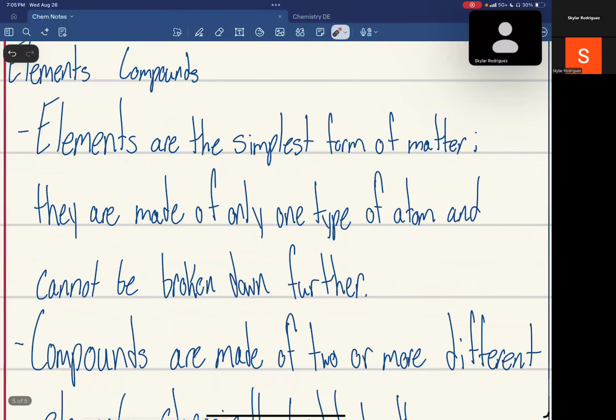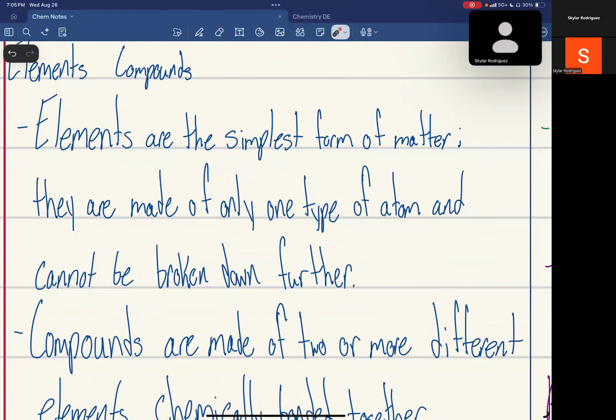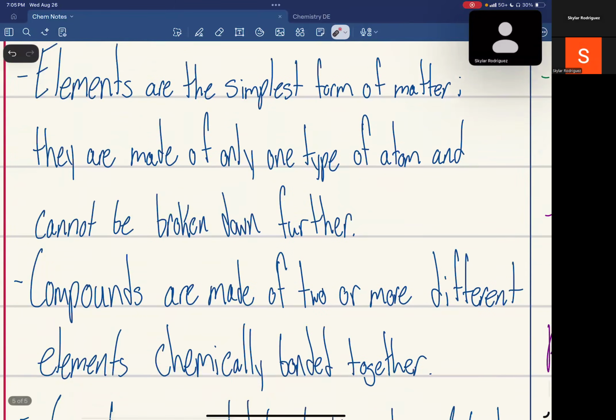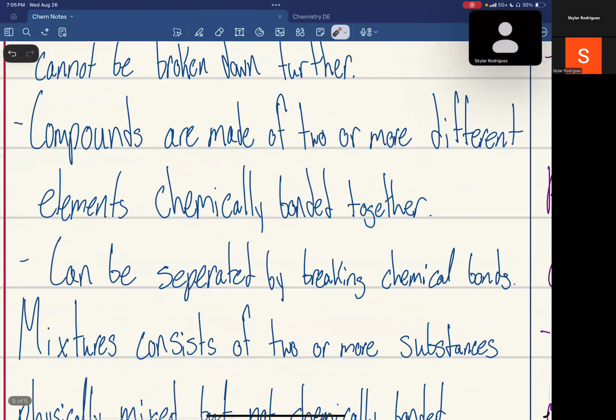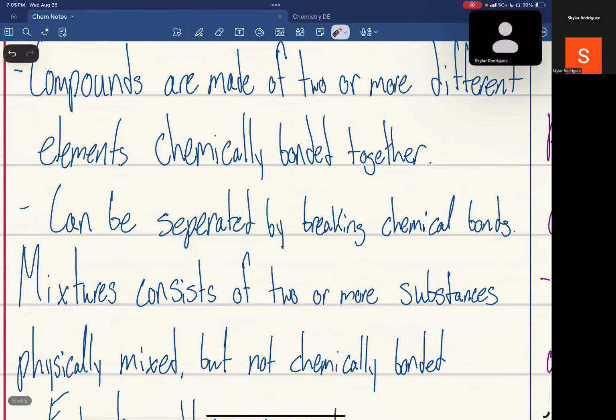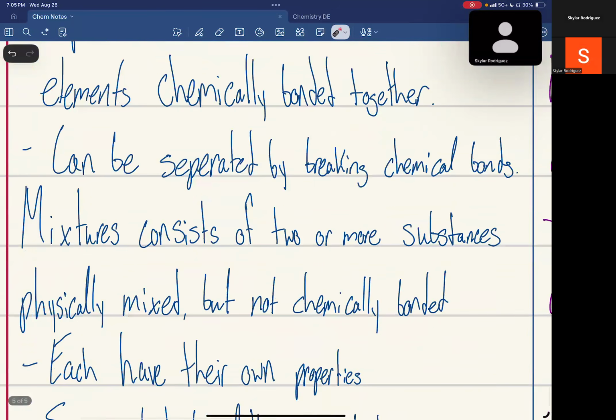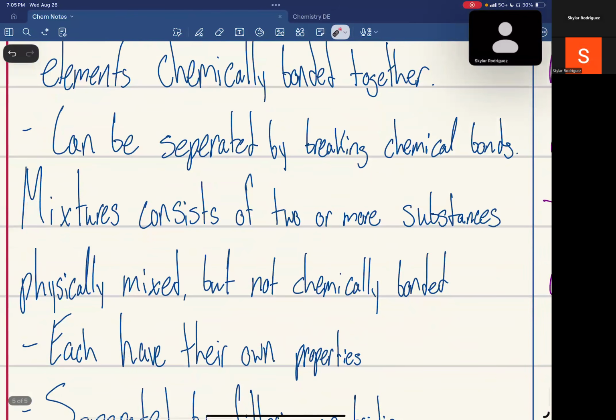And here are some written definitions. Go a little slow here. All right. Mixtures consist of two or more substances physically mixed, but not chemically bonded.